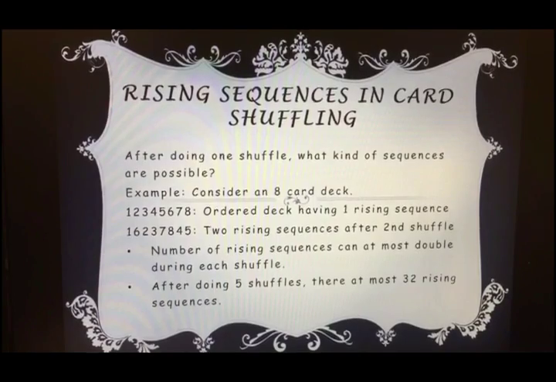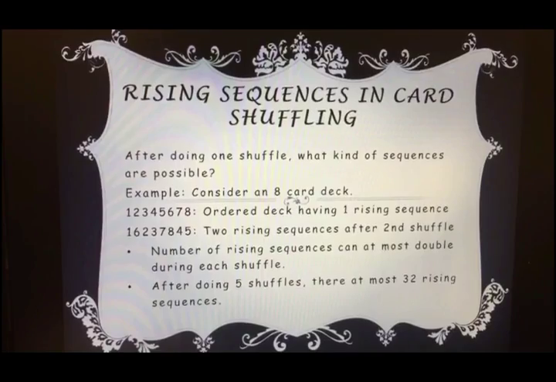After doing a particular number of shuffles, consider here 2 shuffles, we would be left with 2 rising sequences, which is given as 1, 6, 2, 3, 7, 8, 4, 5. Here 1, 2, 3, 4, 5 is one rising sequence, and 6, 7, 8 is another.